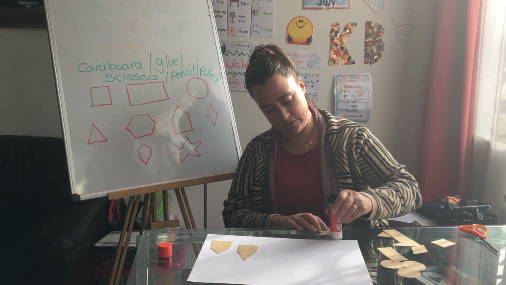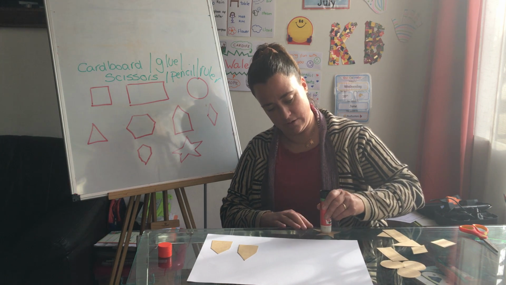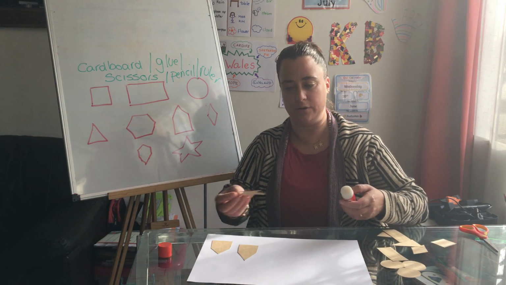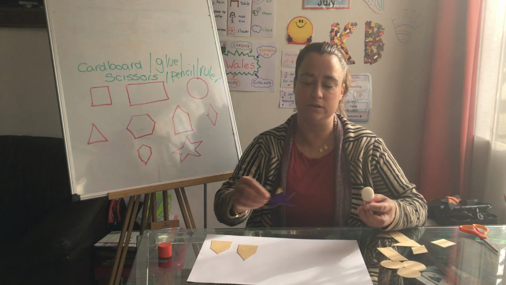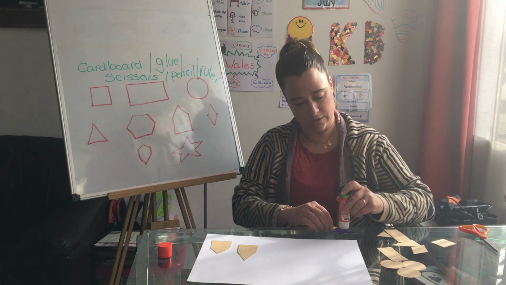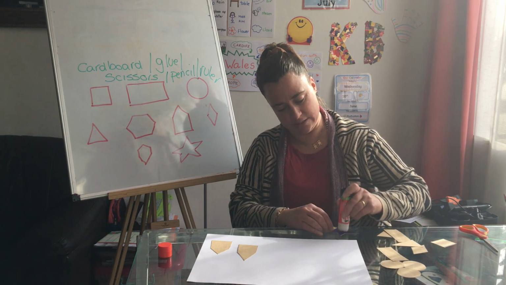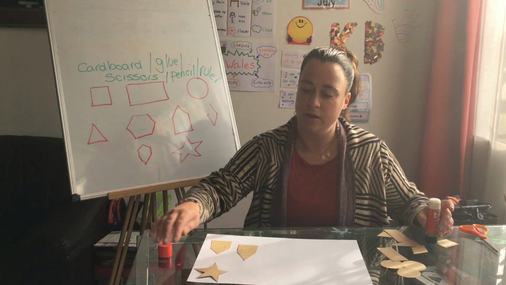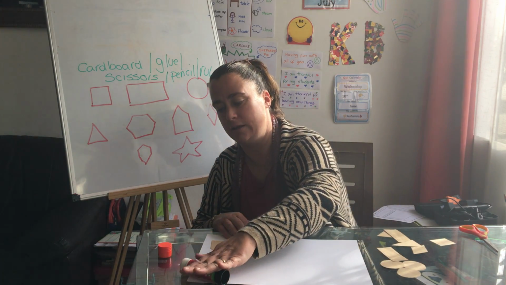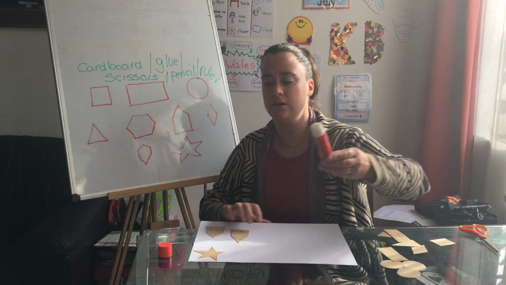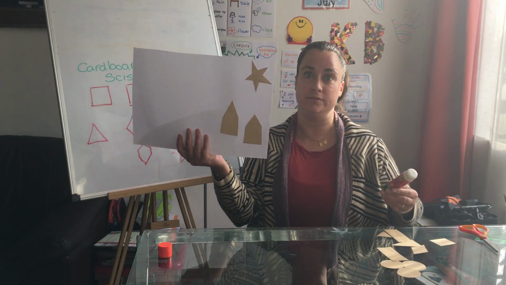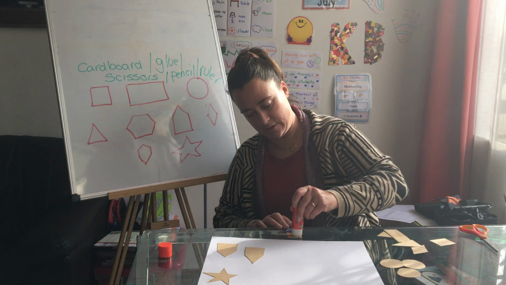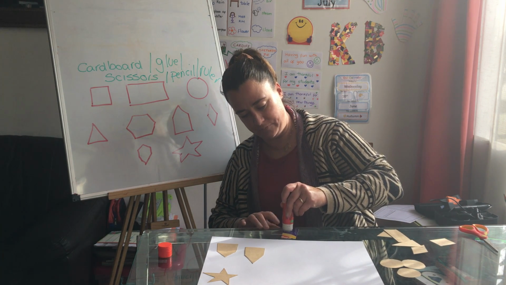I put the glue on the other side, that doesn't matter, I just made a mistake and glued it on the wrong side of the paper, but there we go. I have got my star ready. Look at that. You see? Then I am going to make a tree.